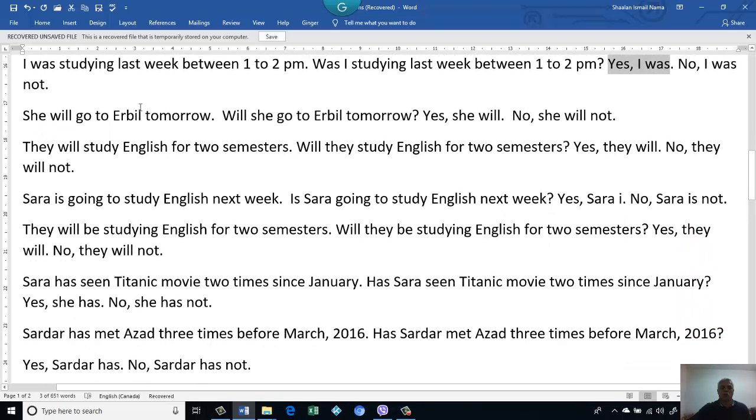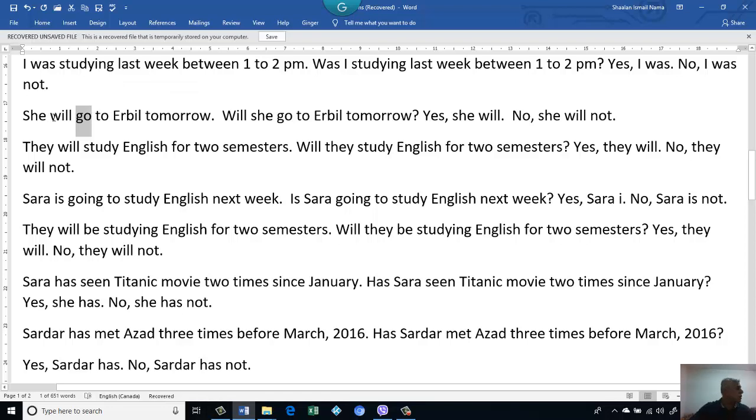If I have it in the future, we do the same thing. We look for the auxiliary verb. This is the subject. This is the auxiliary verb for the future. Then after the auxiliary verb, we have to put the root of the verb. Then the rest is the complement.